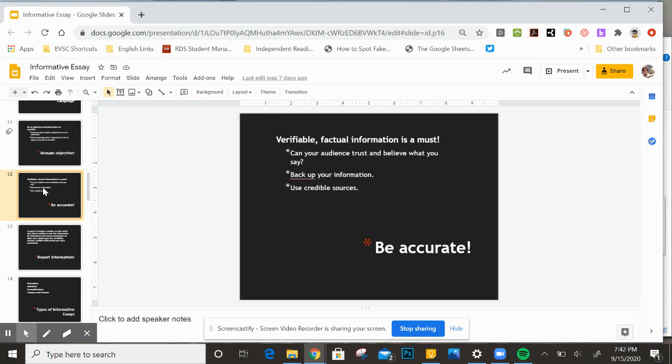We do need to be accurate, because trust is a big thing. When we talk about educating your audience or persuading your audience or giving information to your audience, it's all about the amount of trust. It's all about how much they trust you. And if you lose that trust, if you've broken that trust, it's so hard to get it back.